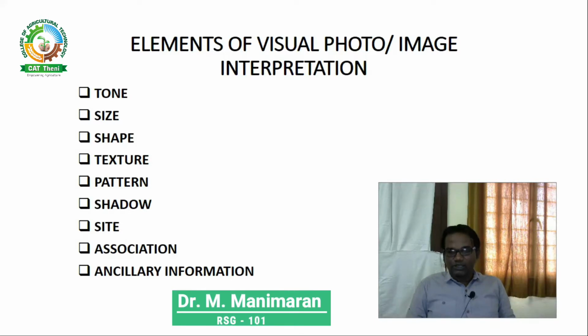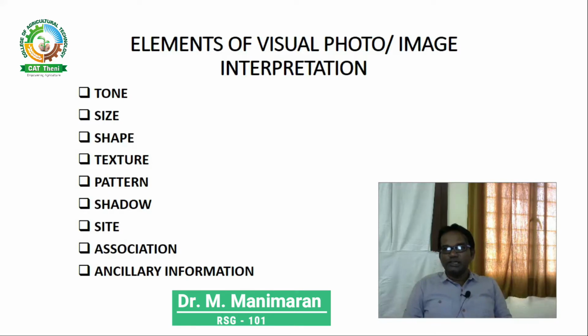Before entering into the lecture, I want to say about the first lecture. The first lecture is Electromagnetic Radiation and Basic Concepts of Remote Sensing. In that, how the electromagnetic radiation is transmitted through the atmosphere, how it is incident upon the terrain features, and how it is reflected back, I have explained in the first lecture.